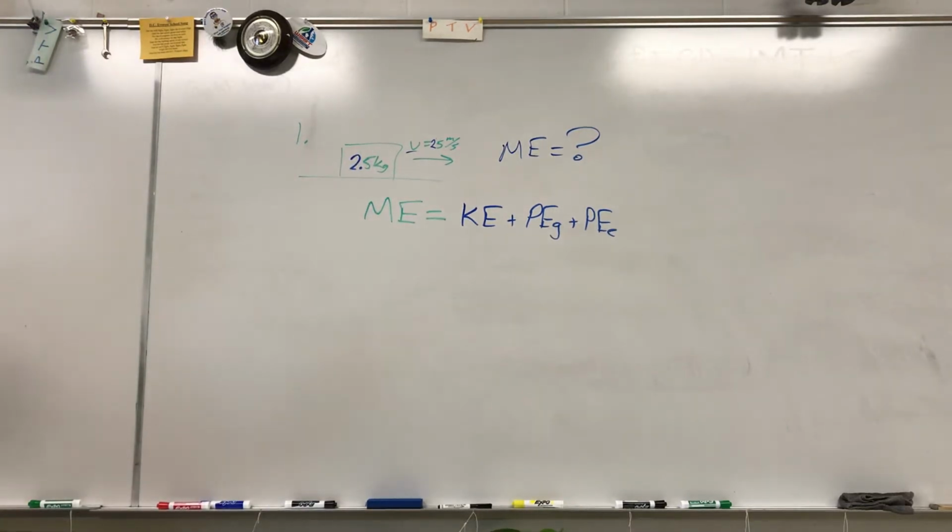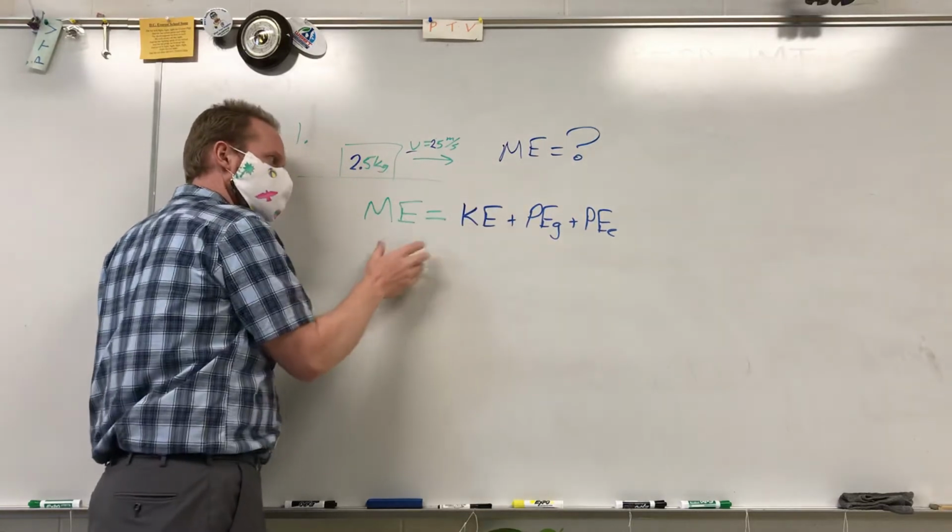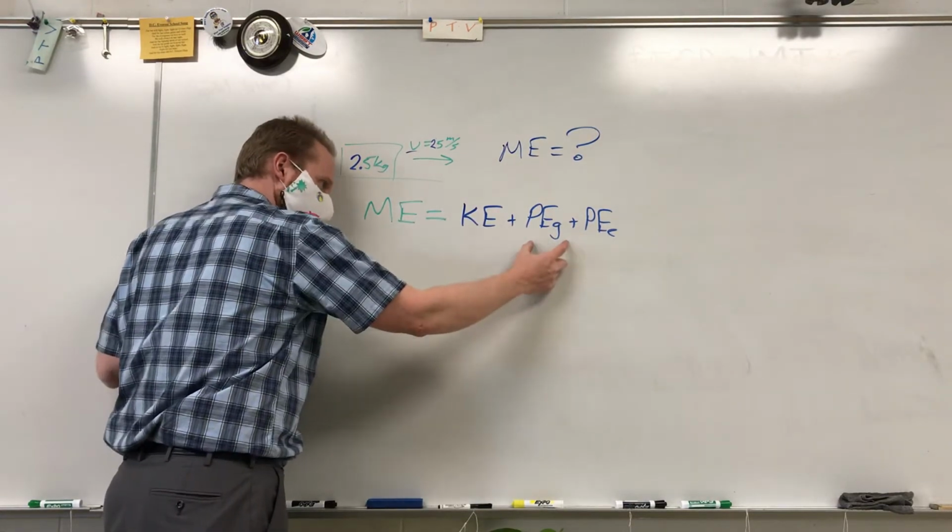It's ME equals question mark. It's a one location problem. Because it's a one location problem and we're trying to solve for ME, mechanical energy is KE plus PEG plus PEE.